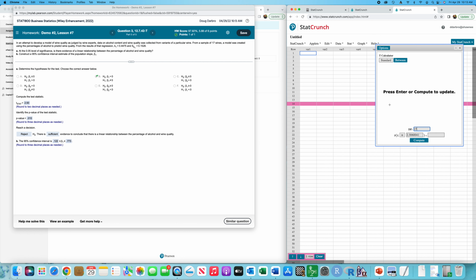Now, let me pump the brakes a little bit here. If you remember back when we were doing a t-test, we were taking like H sub O colon mu equal 12. The degrees of freedom were n minus 1, right? But we're doing a different type of test. This is a completely different tool in our toolbox of statistical techniques.